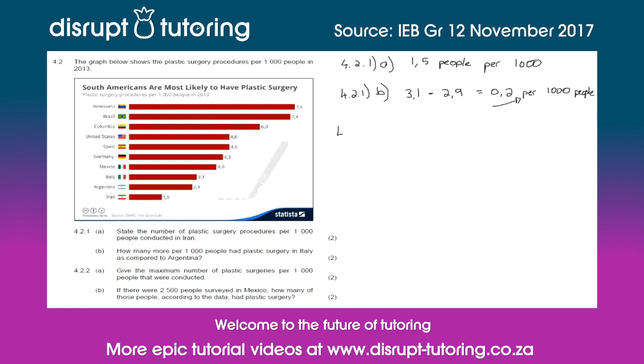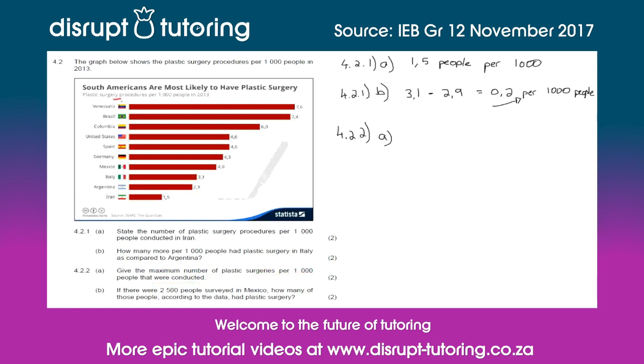And then on to 4.2.2, question A. Give the maximum number of plastic surgeries per 1,000 people that were conducted.